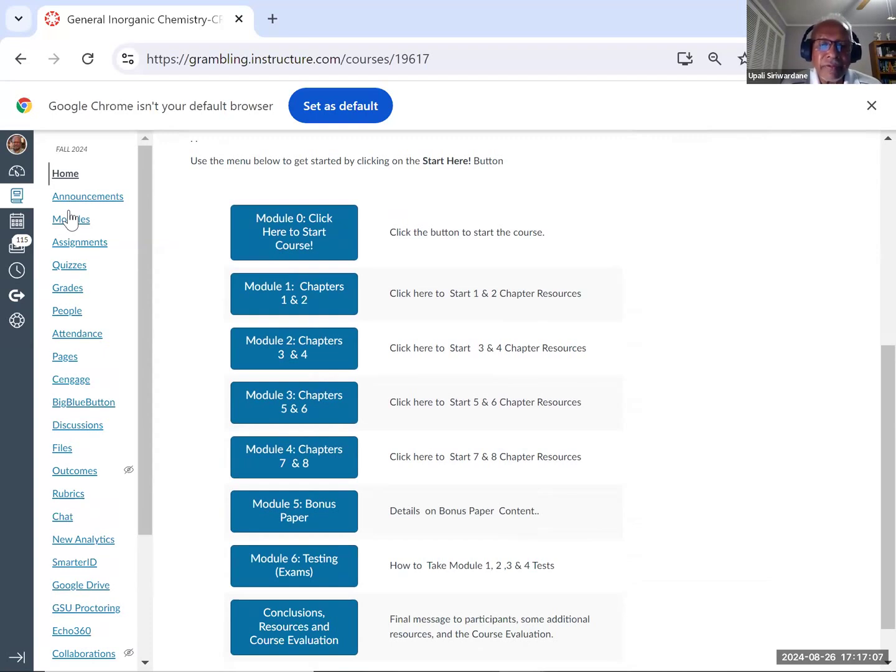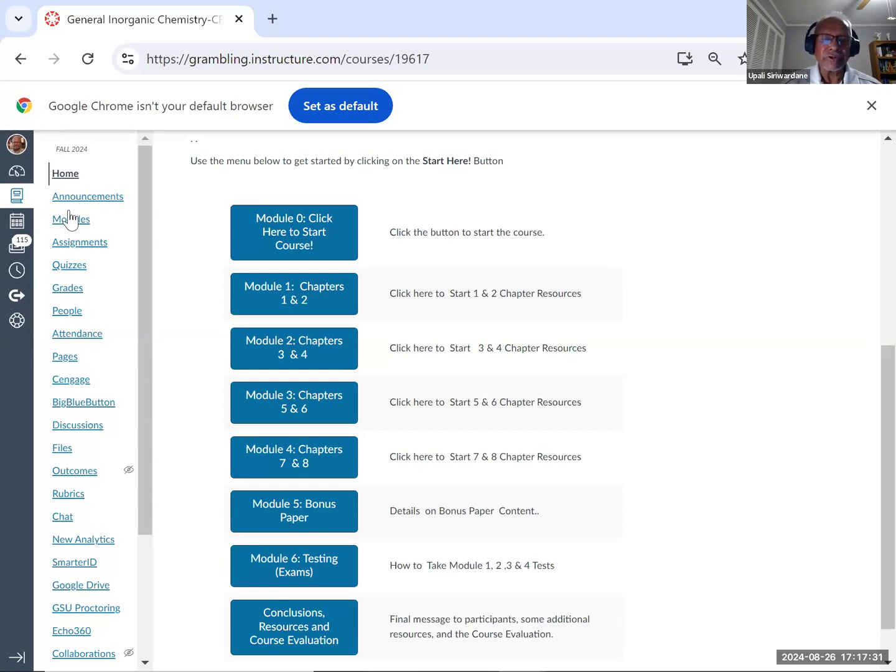Module 1 has assignments. Chapter 1, quiz 1, chapter 1 and quiz 2, chapter 2. So you need to be doing those 2 before you take the test 1, covering chapter 1 and 2 under module 1.